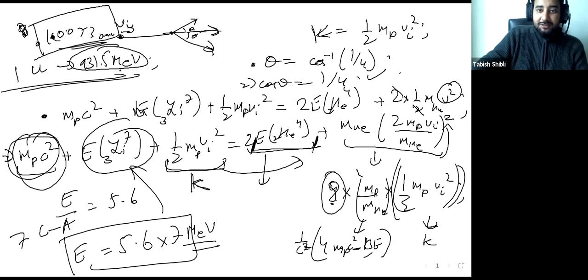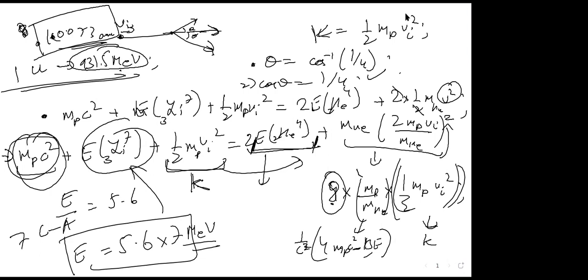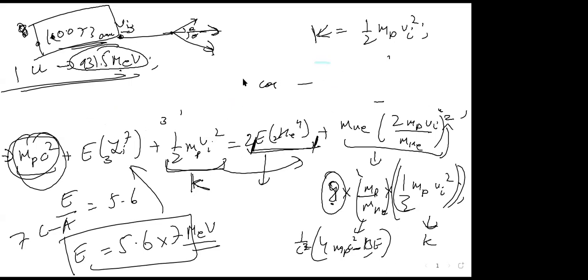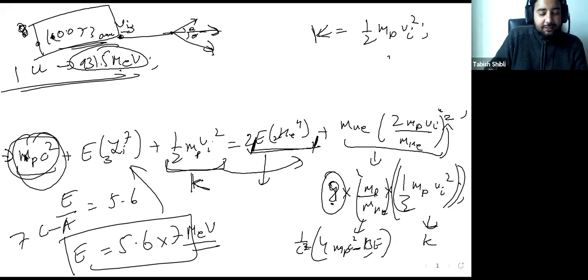Okay, let's do this clearly. First, this is important. What can I remove? I can remove all of this, I think. This is also irrelevant. Okay, let's start one by one.